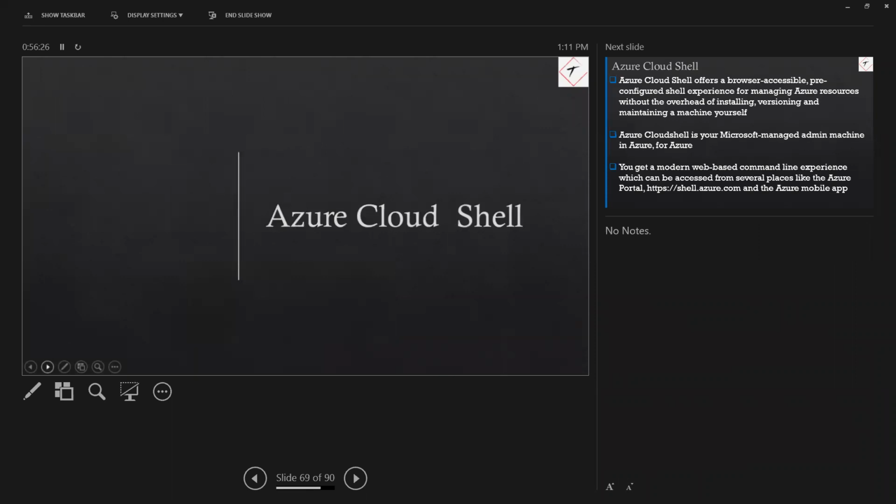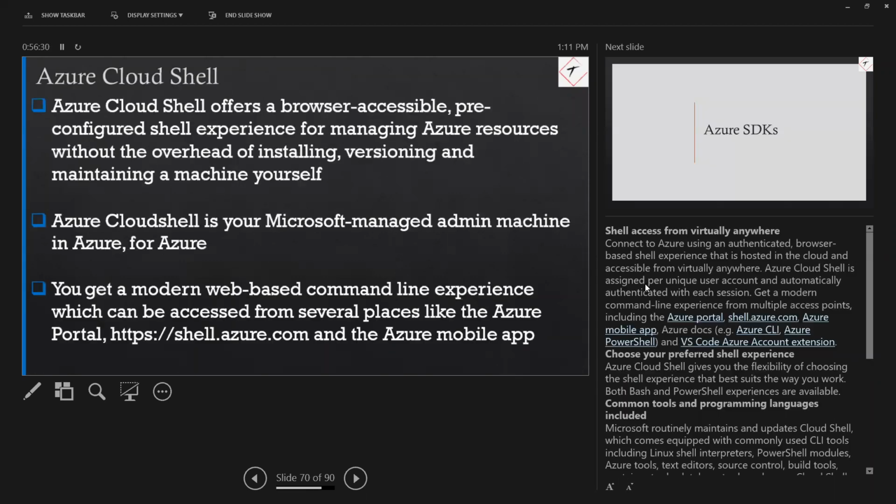Let us look at what is Azure Cloud Shell. By using Azure Cloud Shell, you can access it from any location, from anywhere in the world. Azure Cloud Shell is an authenticated browser shell experience that is hosted on the cloud and is accessible from virtually anywhere.